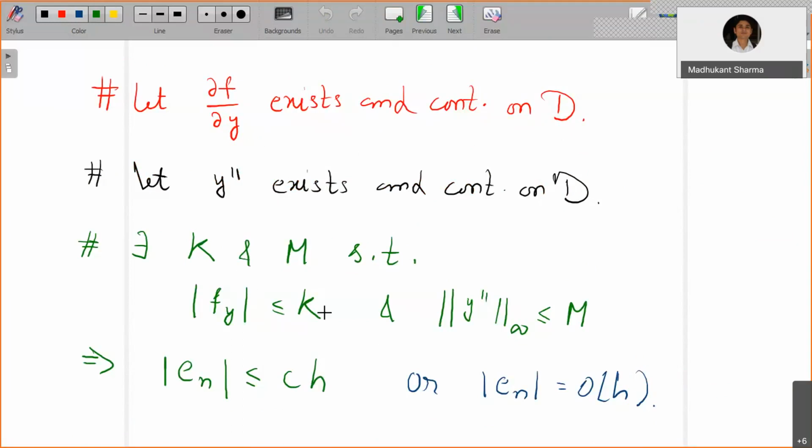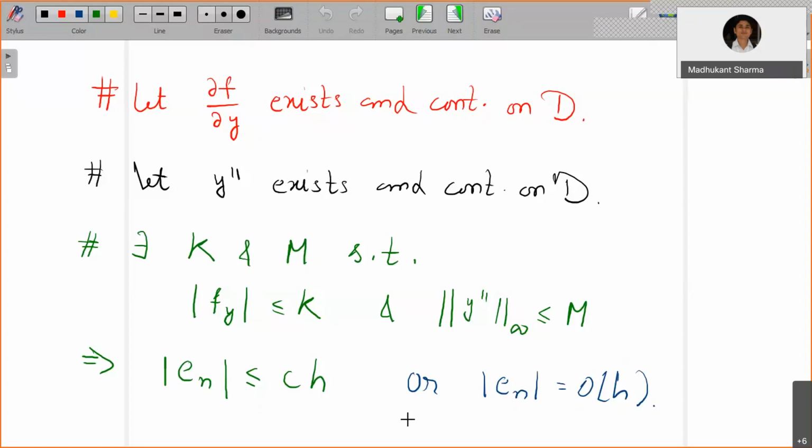Suppose K and M are the bounds of the second derivative of y and the partial derivative of f. Then we obtain the inequality |e_n| ≤ Ch, which states that the error remains bounded, or that for large enough n it is of order h.